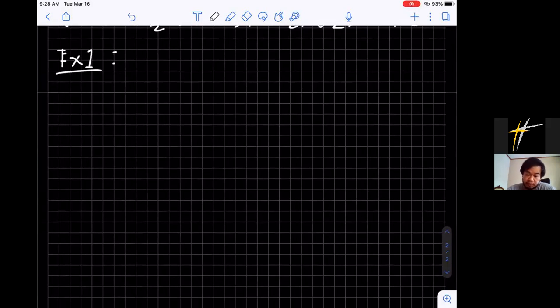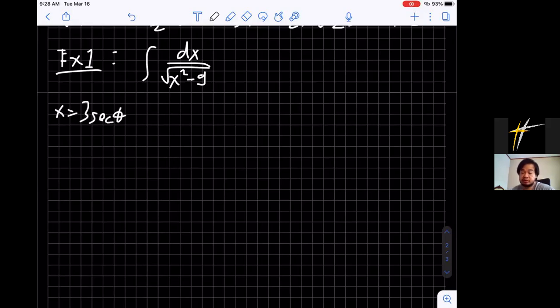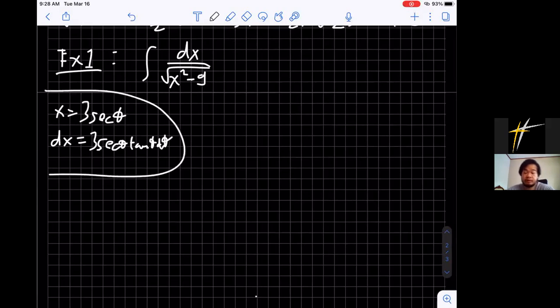The problem is the integral of dx over square root of x squared minus 9. Okay. So then we use the assumption x equals 3 secant theta because 9 is 3 squared. So then dx is equal to 3 secant theta tangent theta d theta. Okay.